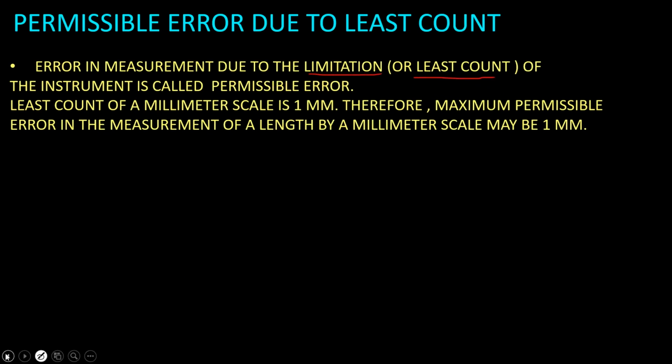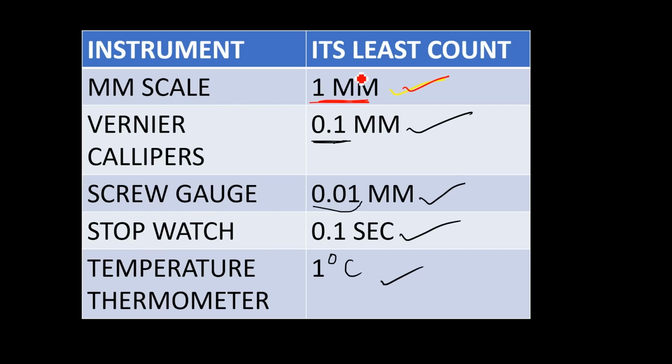So in the previous year you saw that until 1 can be measured, until 0.1 only can be measured, until 0.01 only can be measured. By scale we can't measure this value. By vernier calipers we can't measure this 0.01 value, right? So certain limitations are there.